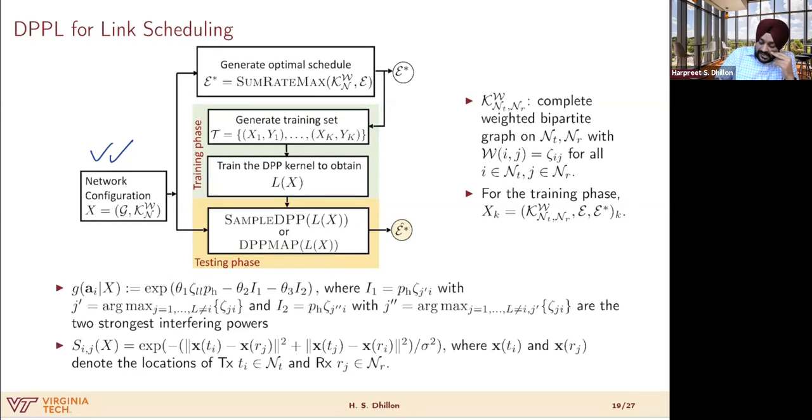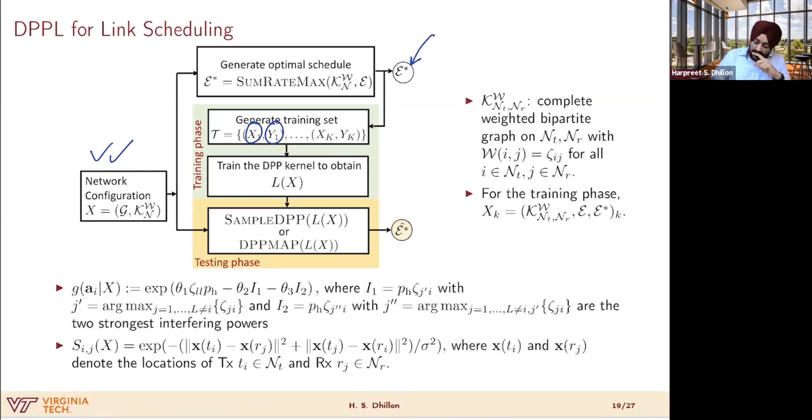So we are getting an optimal schedule, which is given by this epsilon star here. So for a given X, we know which of the nodes should be simultaneously transmitting, or which of the nodes should be scheduled in a given time slot. And that information is contained in YI corresponding to XI. This creates your training data set.